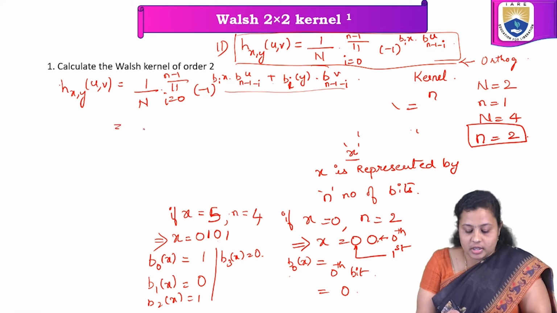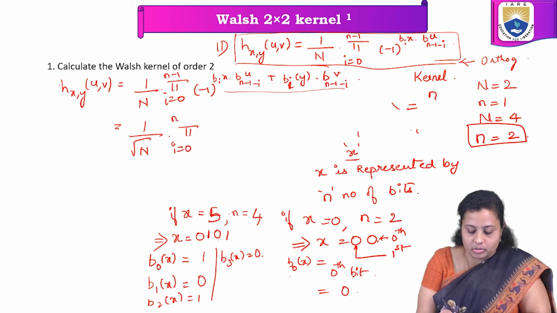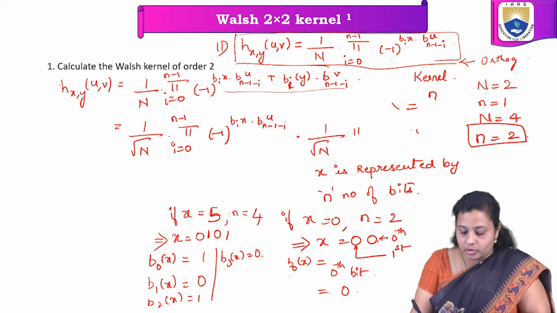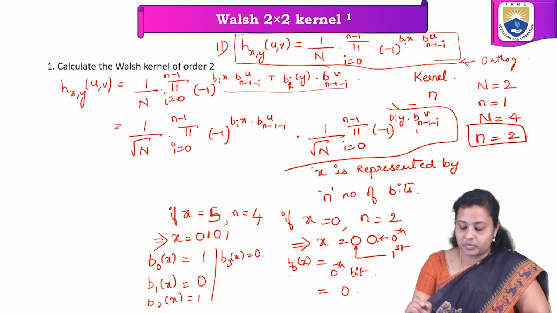We can even say that it is a separable function by dividing it into two 1D functions, which is given by 1 by square root of N into product of i equal to 0 to n minus 1 of bi of x into b n minus 1 minus i of u, into 1 by square root of N into product of i equal to 0 to n minus 1 of bi of y into b n minus 1 minus i of v, right?